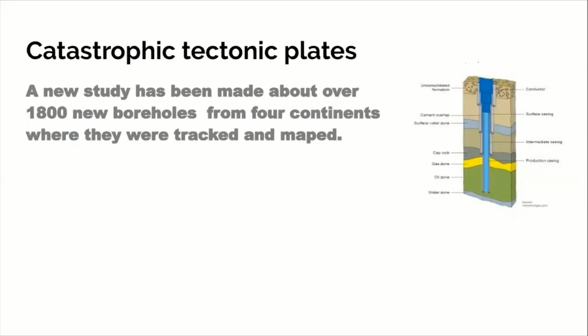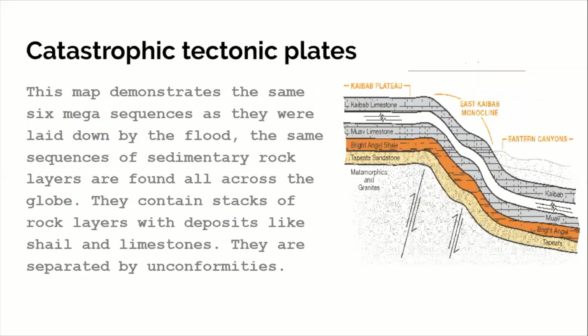This study mapped the boreholes and demonstrated something very interesting, which is that 6 different mega sequences are repeated through at least the 4 continents of the globe, and that they're found all across the globe.